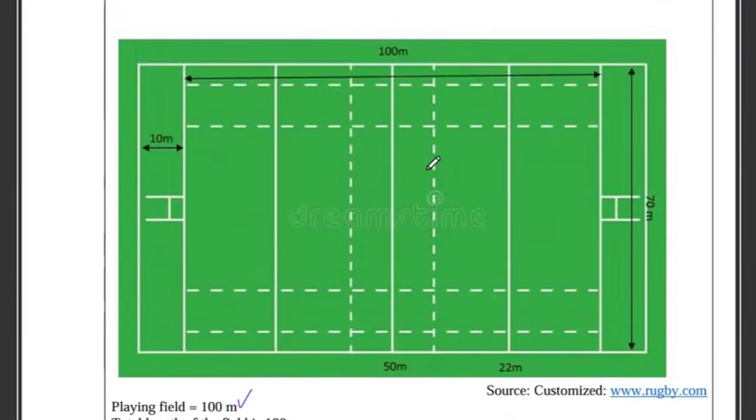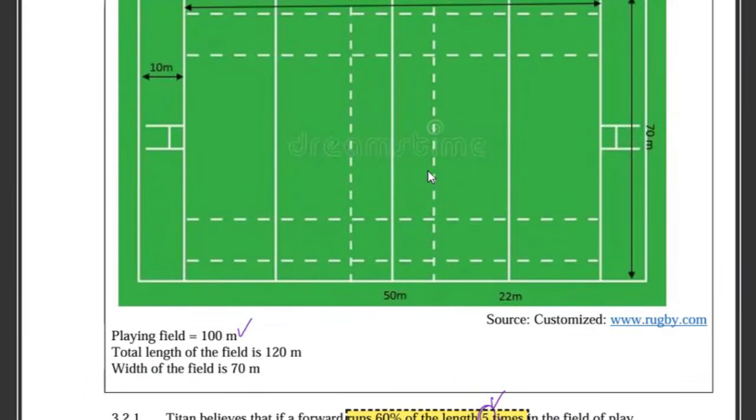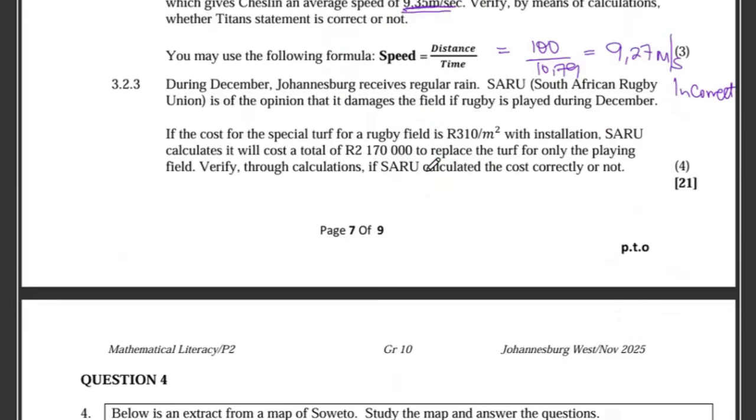Now we come here and we remember very well that the playing field is how long? 100 meters. How wide? 70. So we first need to get the area to be covered, which is going to be L times B, which is 100 times 70. You get 7,000 meters squared, times 310.